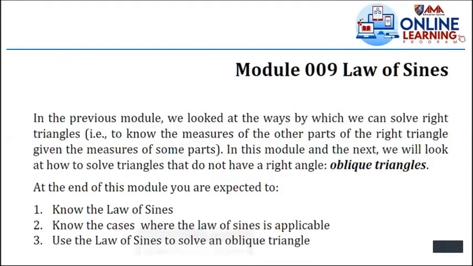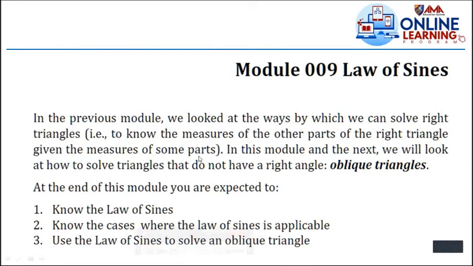So we have now your module 9, which is all about the law of sines. In the previous module, we looked at the ways by which we can solve a right triangle, to know the measures of the other parts of the right triangle given the measures of some parts.